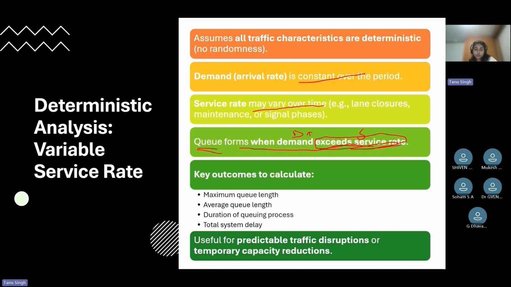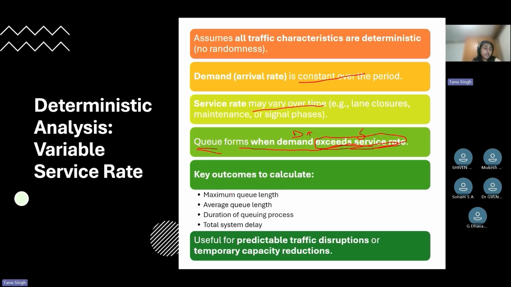So the main outcomes that we need to find are the maximum queue length, the average queue length, how long the queue lasts, and the total delay experienced by the vehicles. This deterministic analysis is particularly useful when traffic disruptions are predictable, for example planned maintenance on a highway.